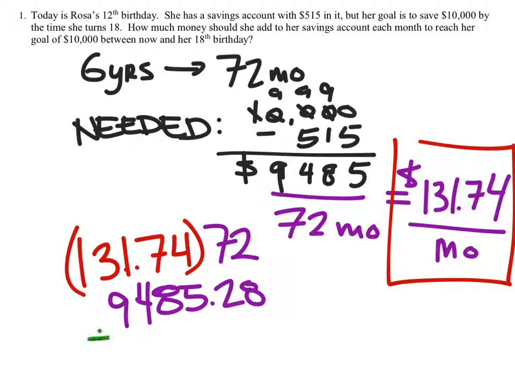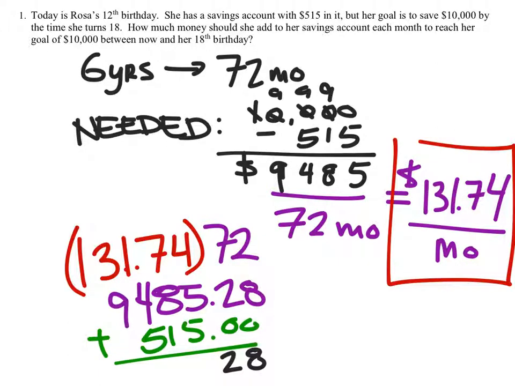Well, if I add the 515 bucks that she already has, then we get 10,000. I forgot to carry the 1 right there. There we go. Bam, 10,000. We do have a few extra pennies there, and that's okay because we had to round it.